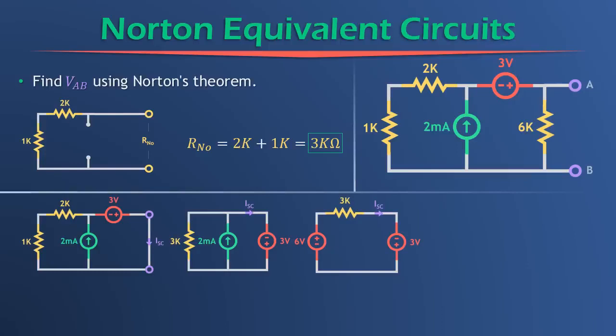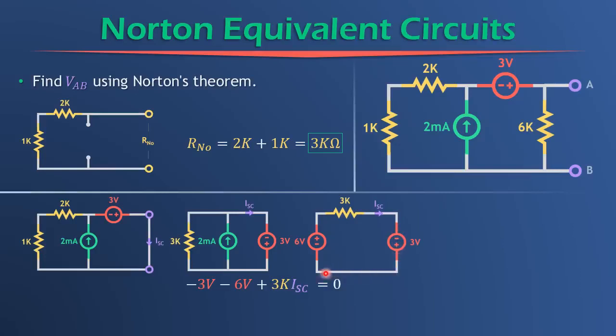Now we have a one loop circuit with two voltage sources and one resistor. What could be easier? What we want to find is the current through that loop, because that current is going to be ISC. So let's do KVL on that circuit. Let's start on the upper right, and go through the 3 volt source, so that's a -3.